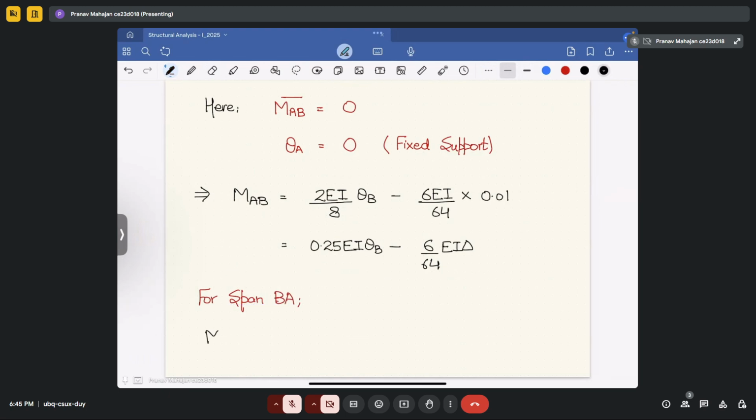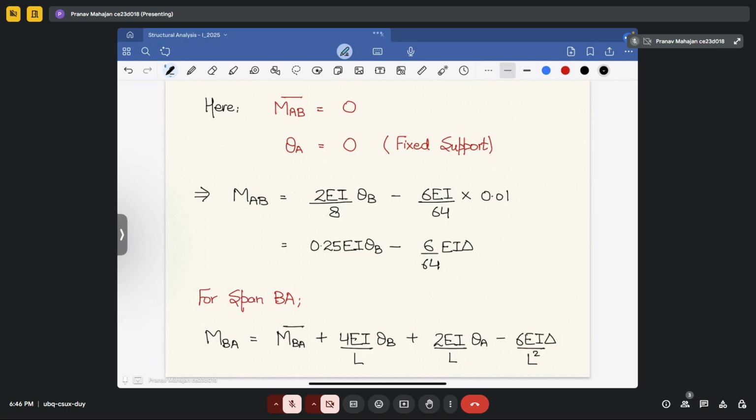So your MBA will become equal to MBA bar plus 4 times EI upon L into theta B plus twice EI upon L into theta A minus 6 EI delta upon L square.